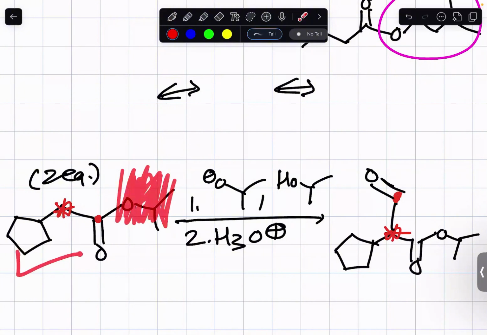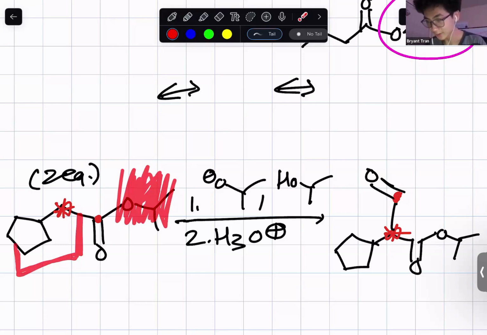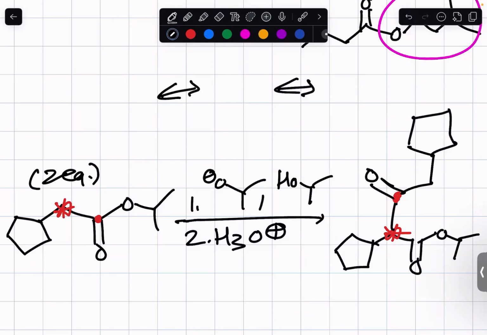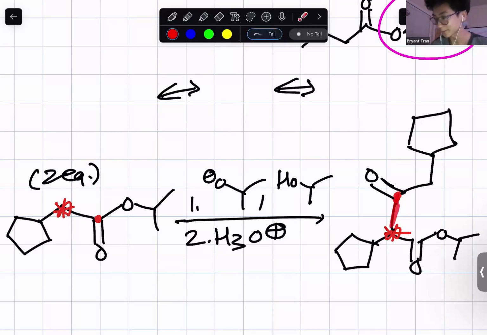But it's attached to this R group right here, which is a CH2 ring, like that. What you did, right? You connected the two alpha carbons together. But we only want to connect the alpha carbon to the carbonyl carbon. That's the new bond right there.